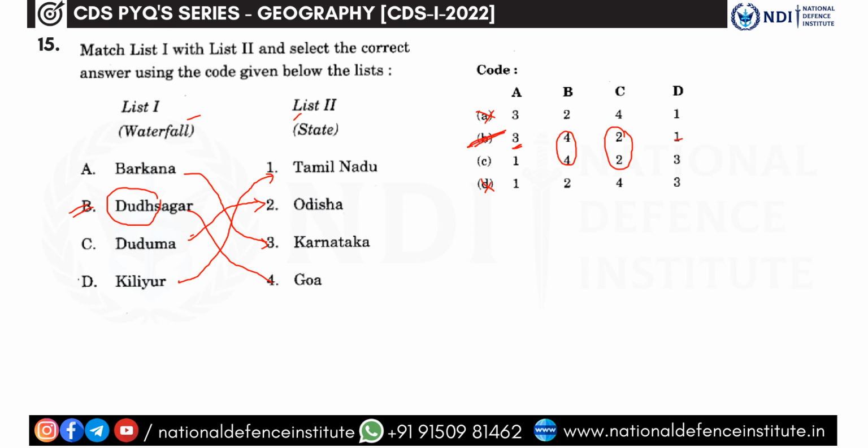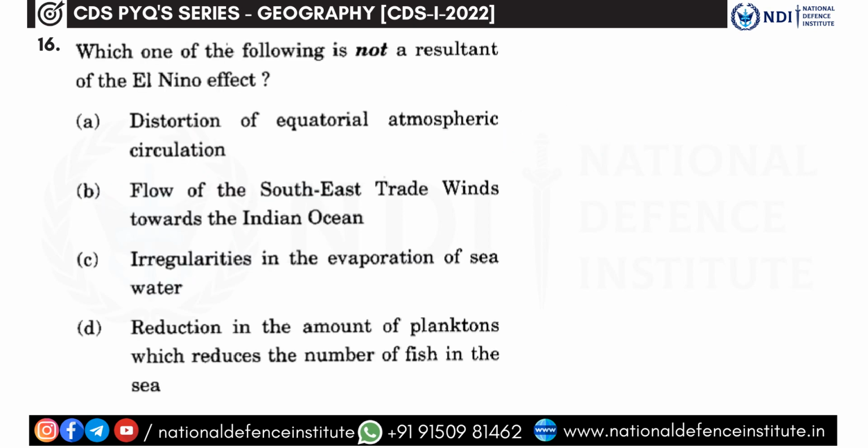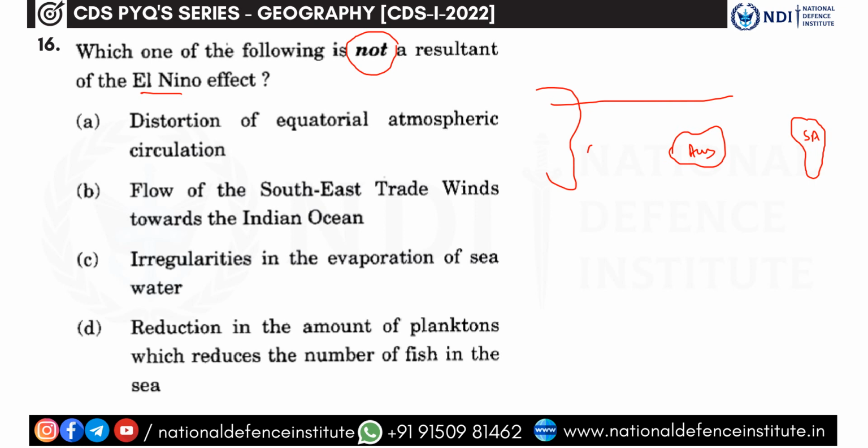Alright. Fine. Which one of the following is not a resultant of El Nino effect? See, what do you mean by El Nino? El Nino is the one which is actually having a change in the water system of your southern hemisphere. Between your, if you take this as your South America, this as Australia, and this as your Africa and Madagascar region, where we have India present over here, this as your equator.